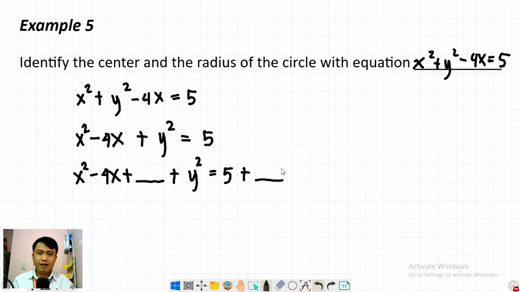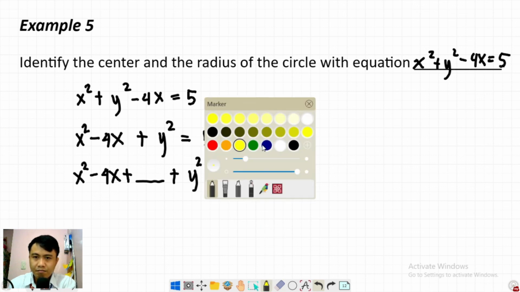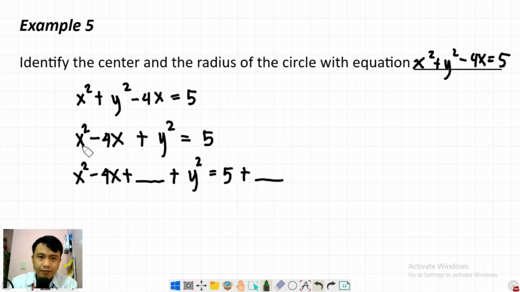Nakuha? Sana. I-divide natin yung negative 4. Negative 4, i-divide parati sa 2. Parati yan. So, yung numerical coefficient ng ating x, i-divide parati sa 2. Pagkatapos, squared nyo. Very clear po yan.